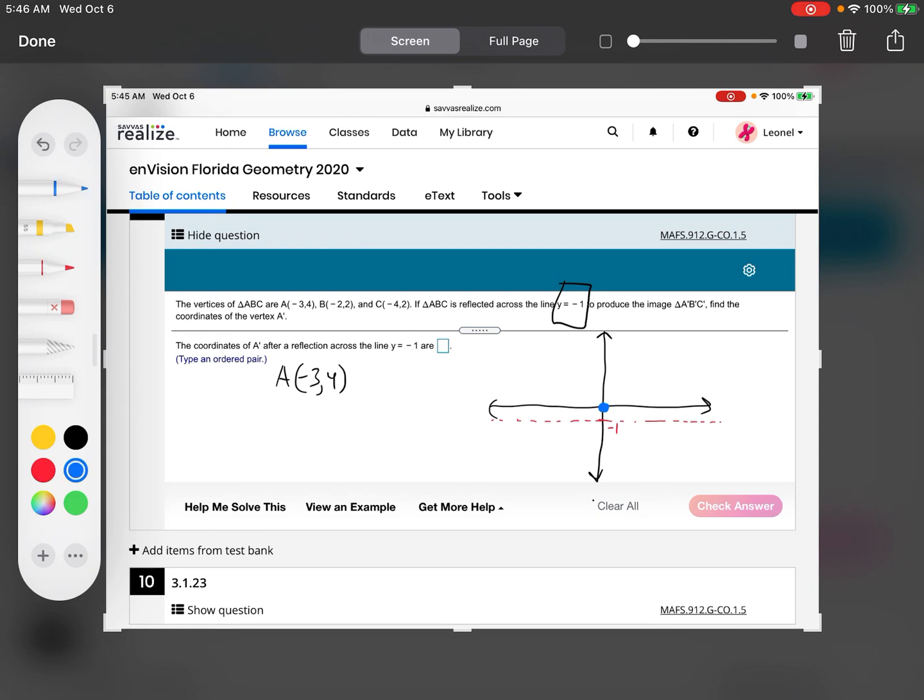So let's go ahead and find A. So A is -3, 4. People are struggling, I've noticed, to find just the locations of points. So -3, 4. Starting at the origin, -1, -2, -3, and then up 4. 1, 2, 3, 4. So somewhere around here is A. 3 units left, 4 units up.